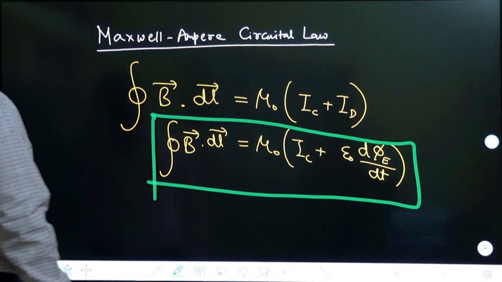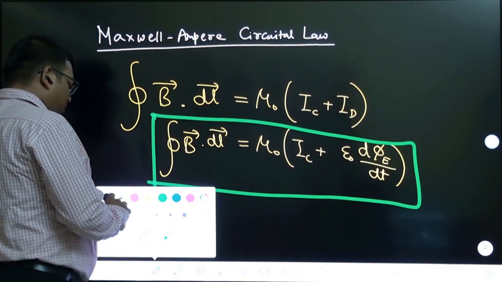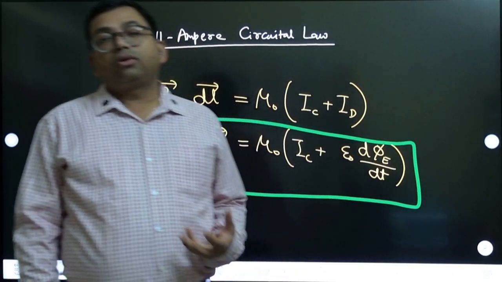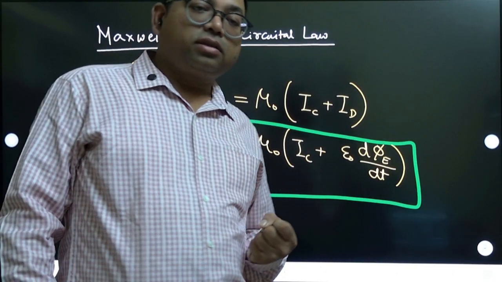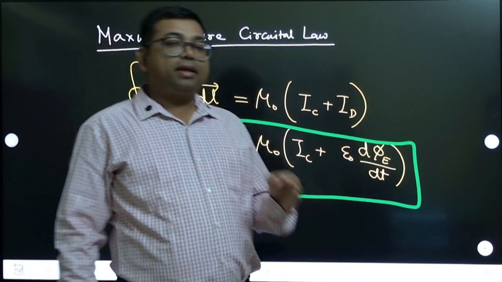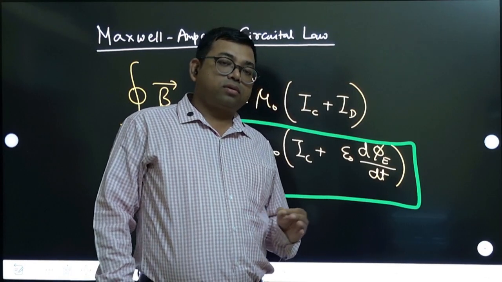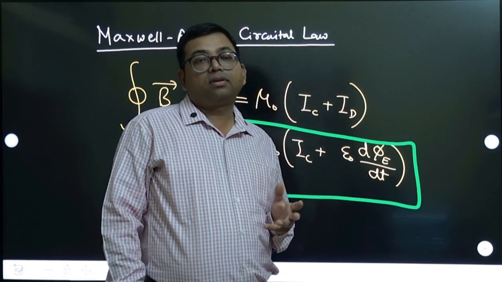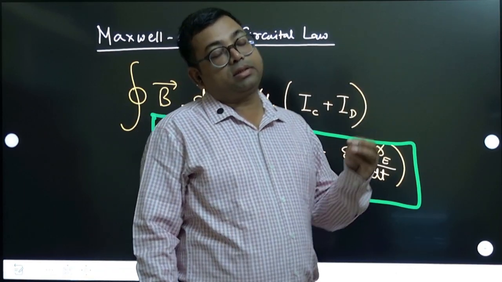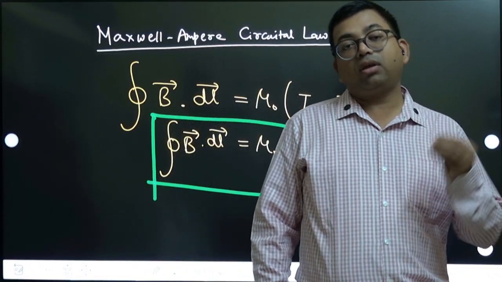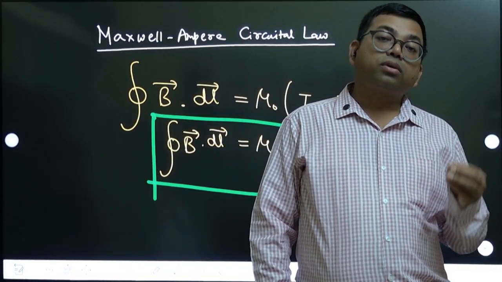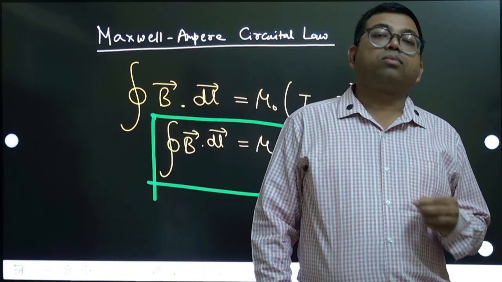Now, I already discussed that if the region is outside the capacitor, or they have not mentioned it in the question, then you must consider the area of the loop as the same as the area of the capacitor. But in case they have mentioned that the distance is somewhere away, then you need to consider that area of the loop.